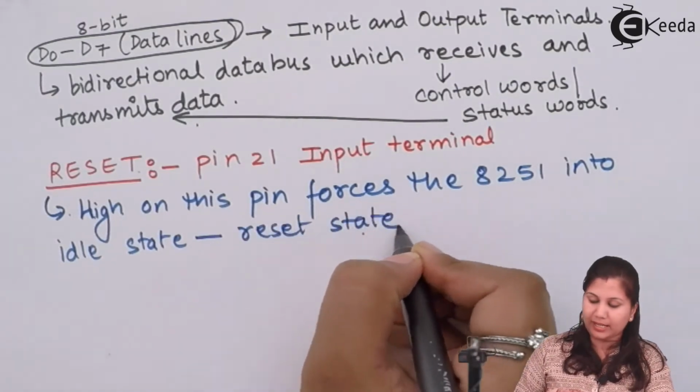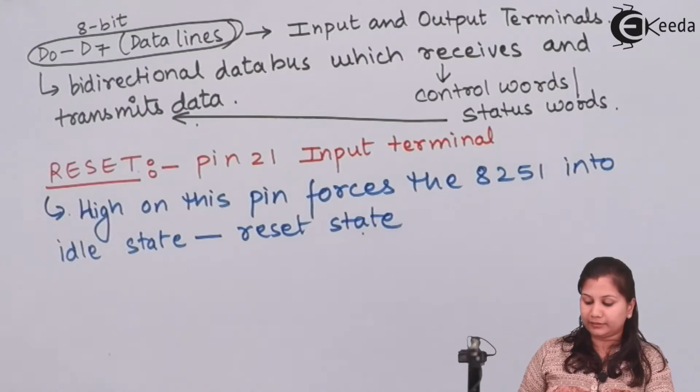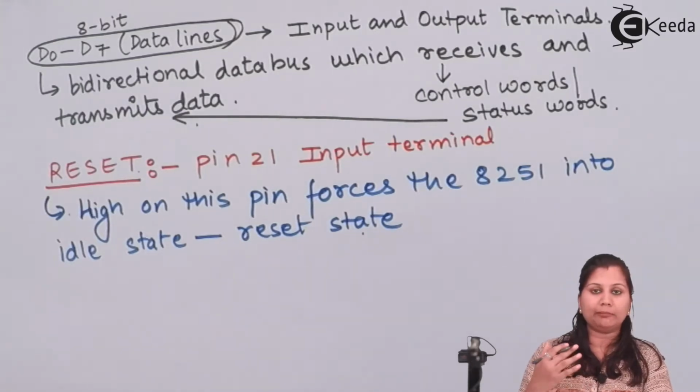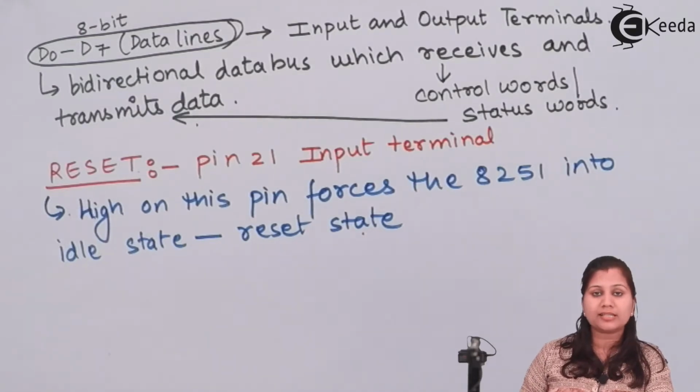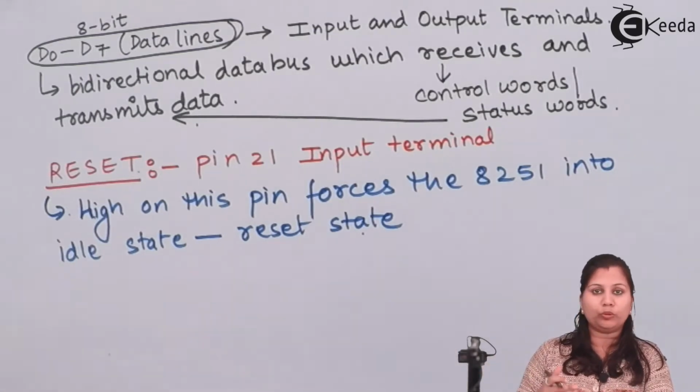Reset state means that all the control words, command words, and status words will be cleared out, and the 8251 will come to its idle state. It is not going to perform any functions or execution, and it will come to its initial conditions.